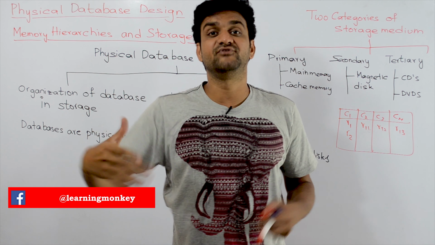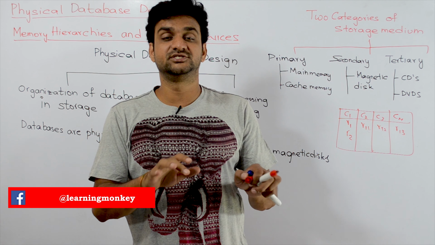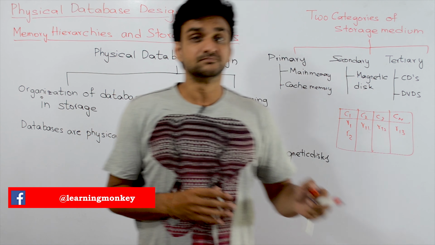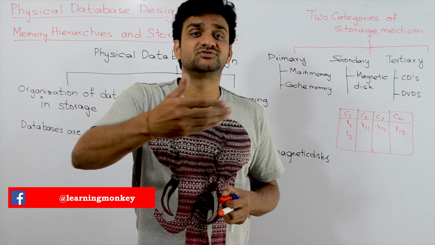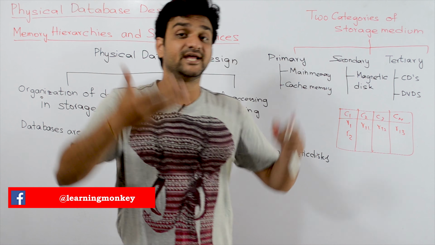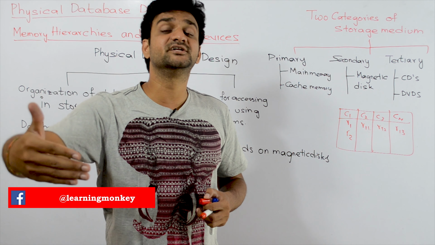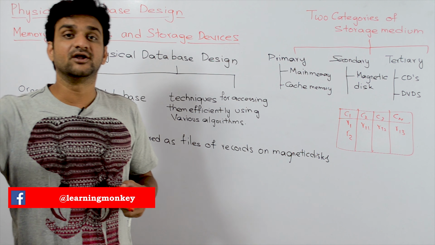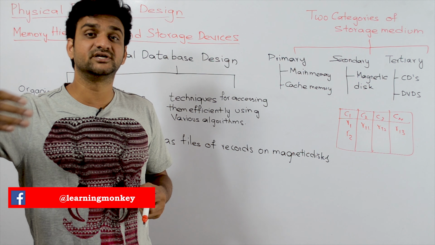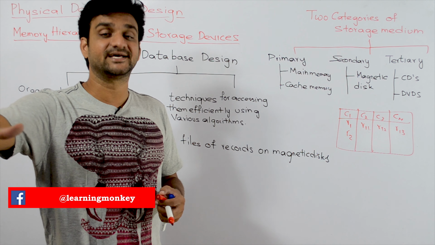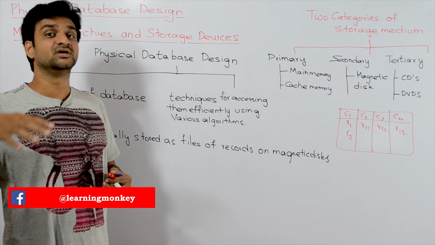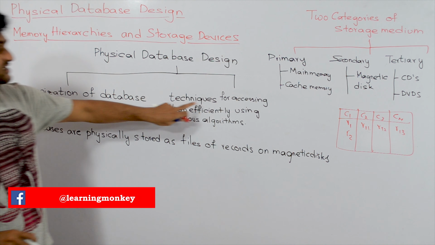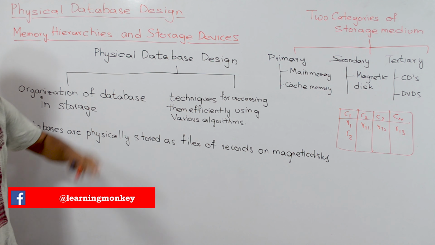If you just type the query and press enter, as we covered in SQL, and we have seen the practical approach on the computer also, we get the data very fast. How is that happening, and how will the data stored on the memory get accessed? We will try to understand that in this class: the techniques for accessing them efficiently using various algorithms.